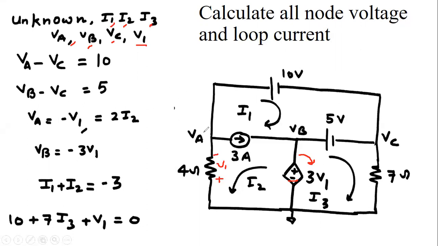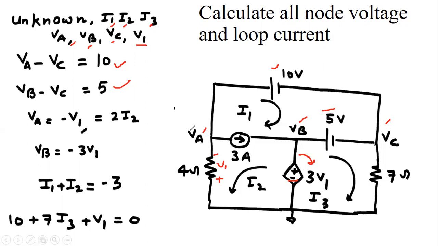See, between node A and C there is only a 10 volt source. So the value of voltage VA minus VC equals 10 volt. Second, between nodes B and C, there is only a voltage of 5 volt. So the value of VB minus VC is 5 volt.